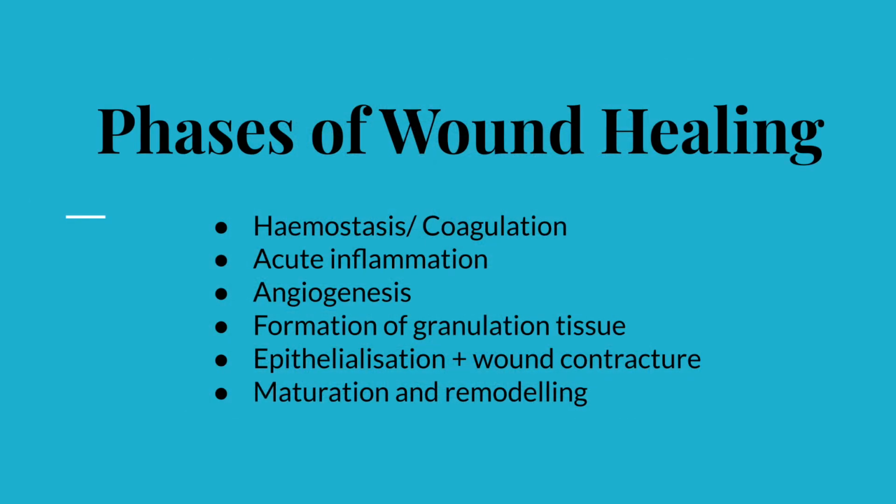We now move on to the different phases of wound healing. It starts off with hemostasis, then acute inflammation, formation of new blood vessels with the formation of granulation tissue, epithelialization plus wound contracture, and lastly, maturation and remodeling.